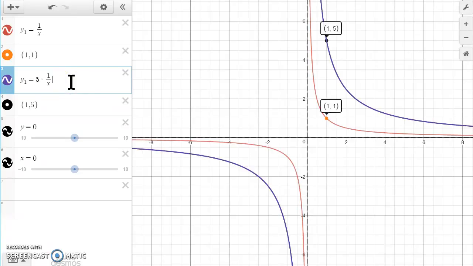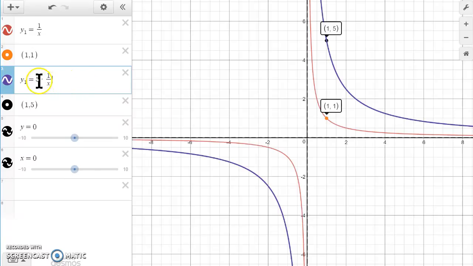However, you see that we have not made any changes to my horizontal and vertical asymptotes. In order for us to move the location of my horizontal and vertical asymptotes, I must be carrying out some kind of vertical translation or horizontal translation.